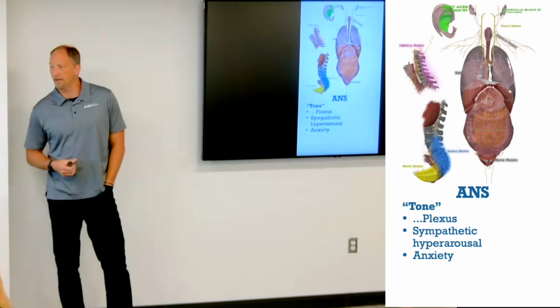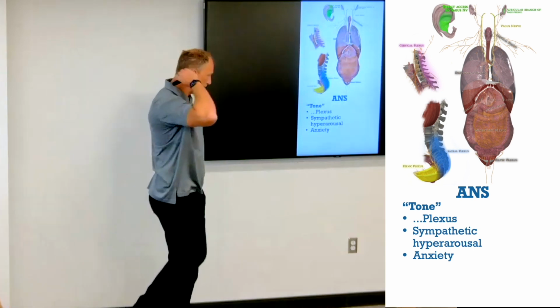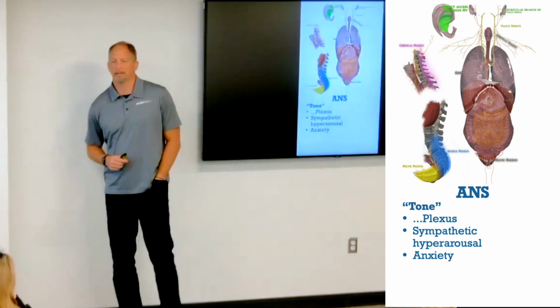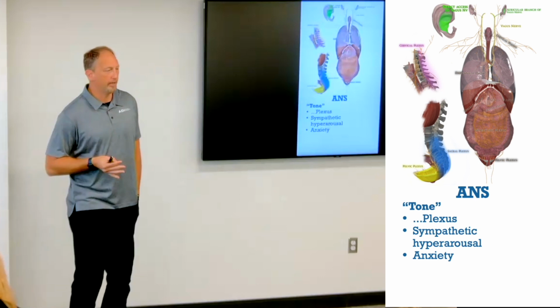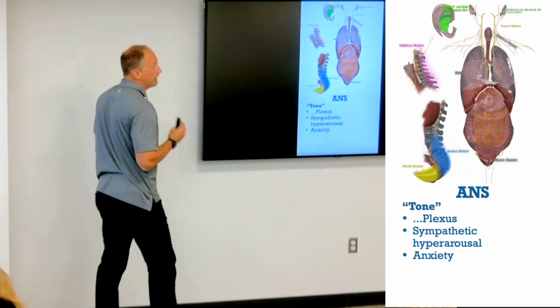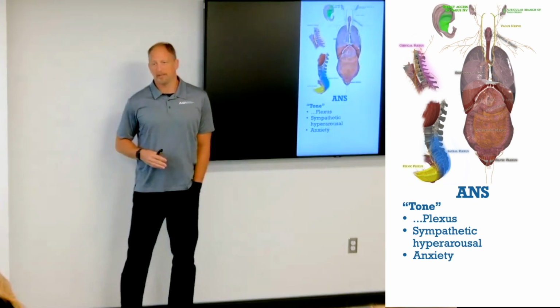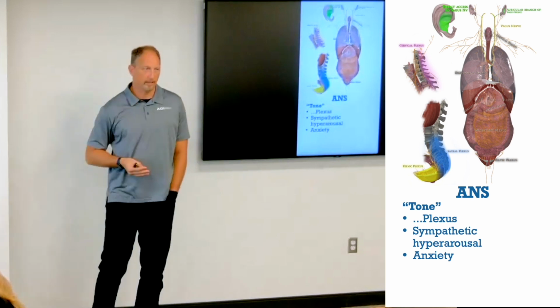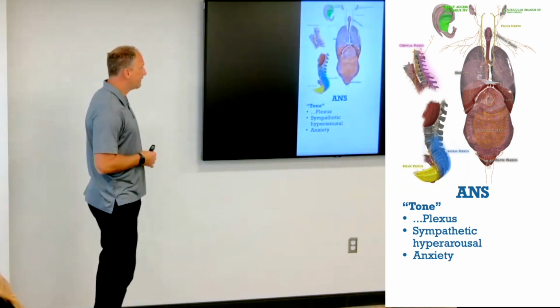All right, so now, the unique thing about the deep front line, this does present something that none of the other lines do. And that's its direct tie into the autonomic nervous system. Remember back earlier in the semester, we talked about the autonomic nervous system, fight or flight, rest and digest.